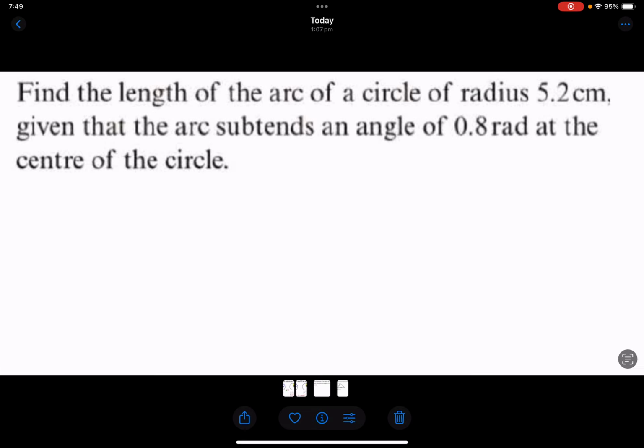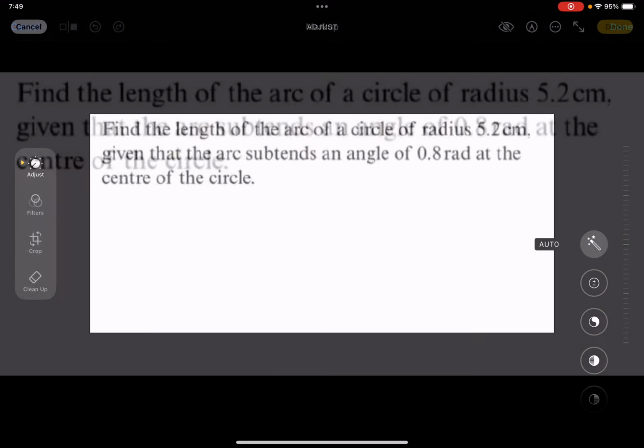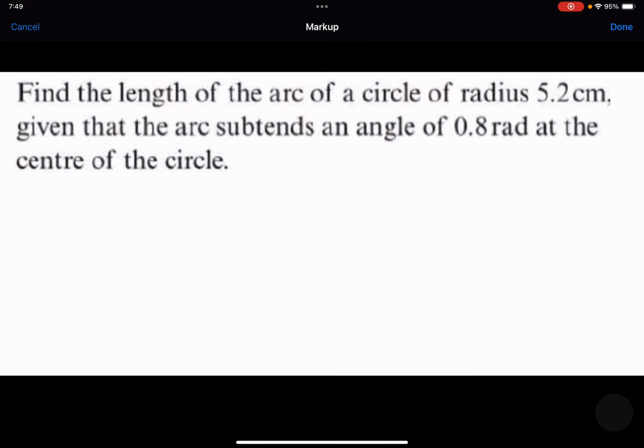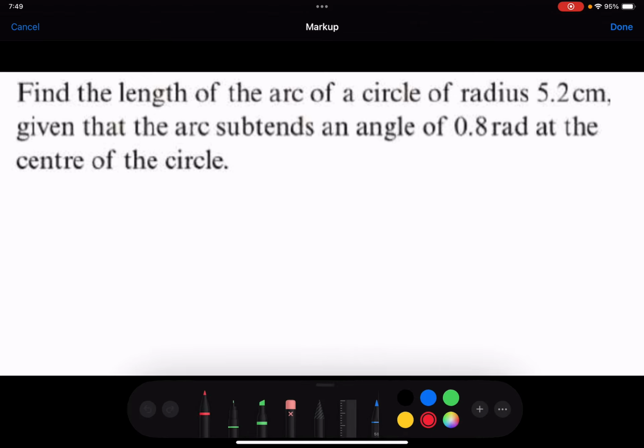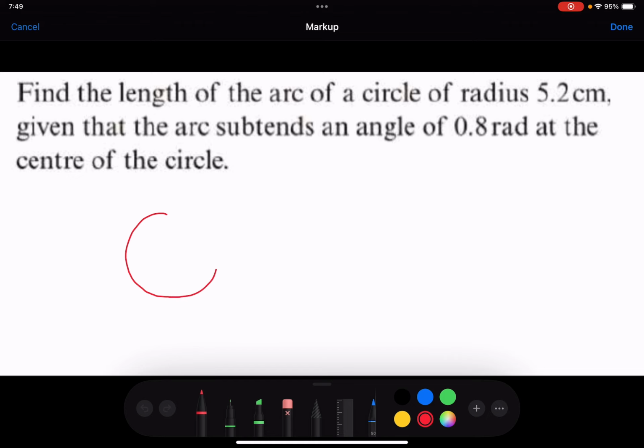So let's have a look at a couple of examples. Here we need to find the length of the arc of a circle that's got a radius 5.2 centimetres, given that the arc subtends, so that just means creates, an angle of 0.8 radians at the centre of the circle. So let me draw this out so we can picture what's going on. We've got a circle that's got a radius of 5.2.